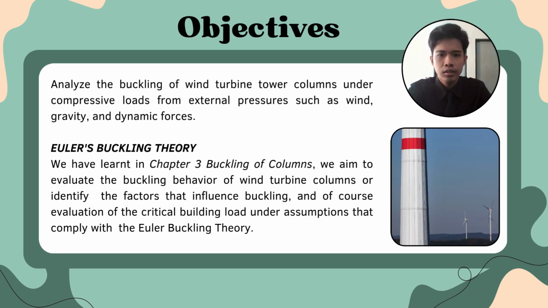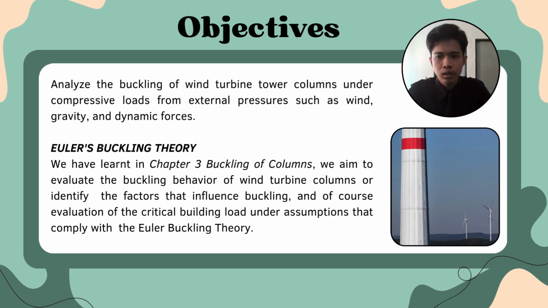For the next slide, which is the continuation of the introduction, we mainly focus on objectives. Our group project's main objective is to analyze the buckling of wind turbine tower columns under compressive loads from external pressures such as wind, gravity, and dynamic forces.